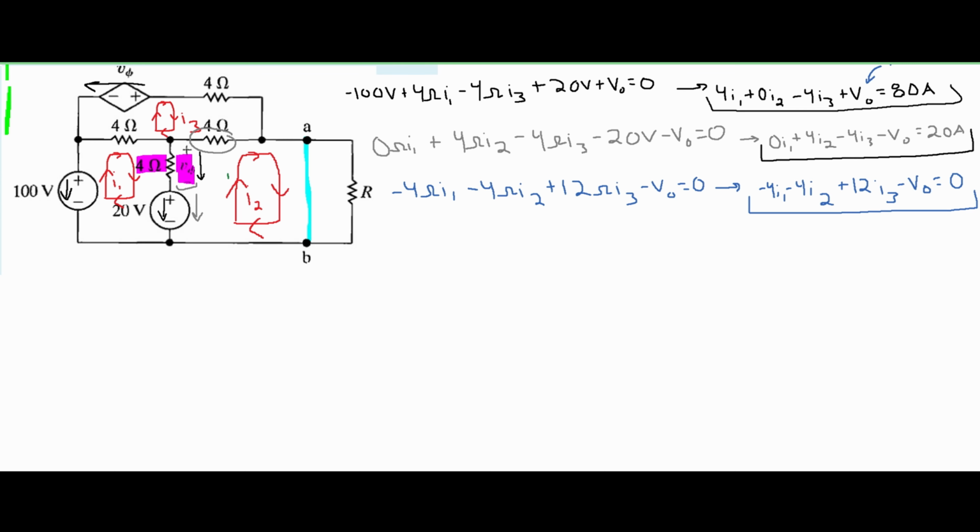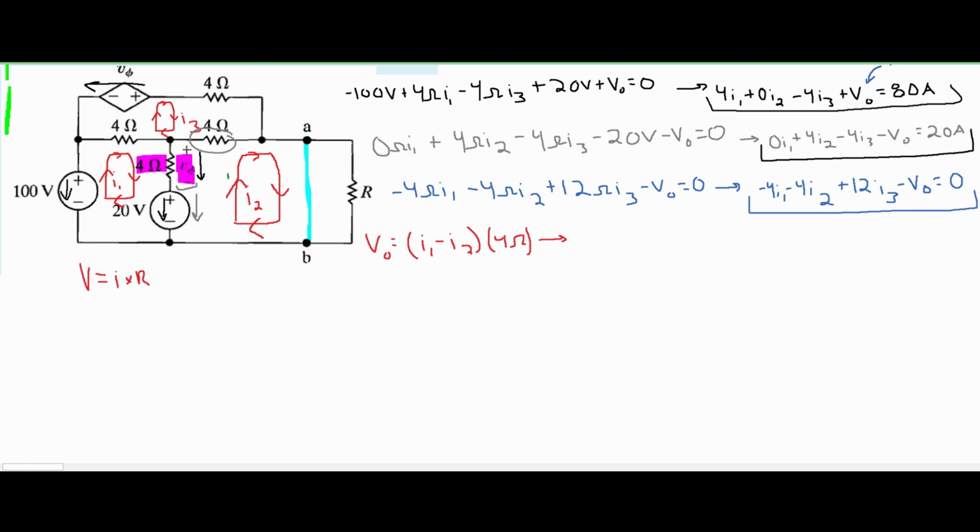We know that voltage is equal to current times resistance. So our V0 is equal to the current. Our I1 is going in the direction of our voltage, so we have I1. The I2 is going in the opposite direction, so we have a minus I2. This is being multiplied by the resistance, which is the 4 ohms highlighted in pink.